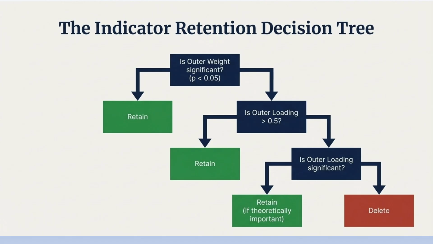Next, we have to check the outer loading of that item, that is the one-on-one contribution. And if the loading is above 0.5, we have to retain it, because it says there is 50% correlation, and the item is important even though relatively lesser than the other items in the study.